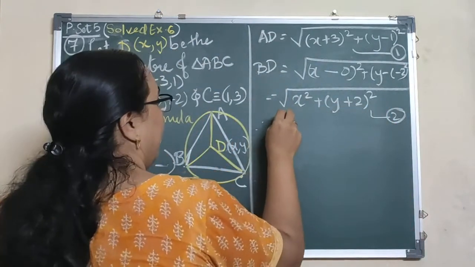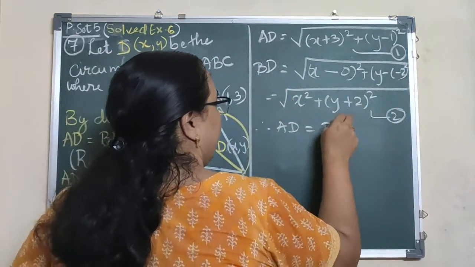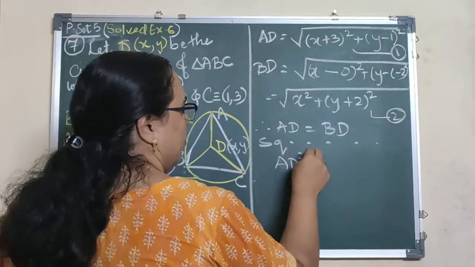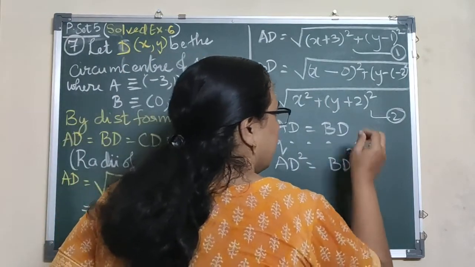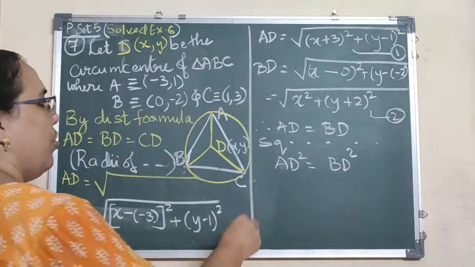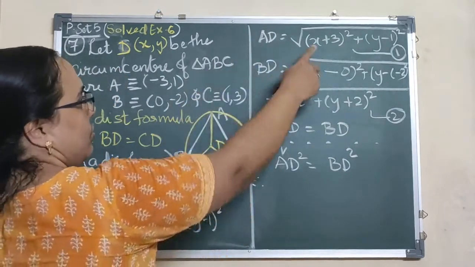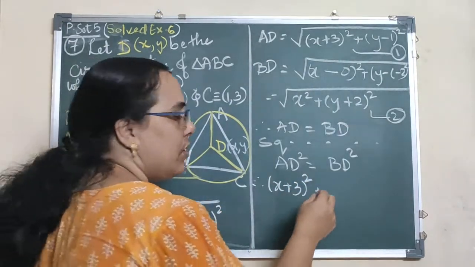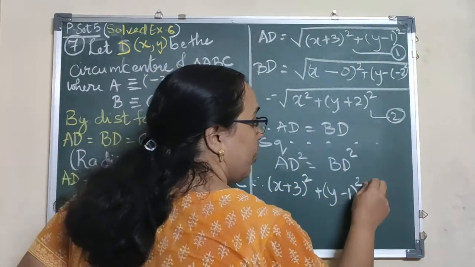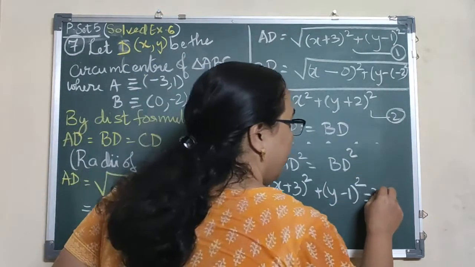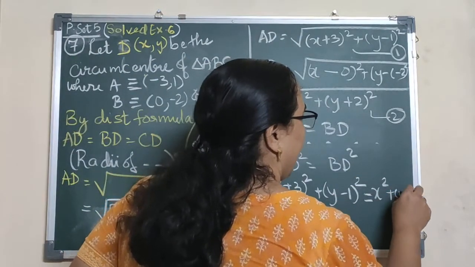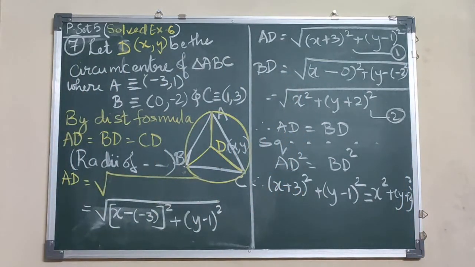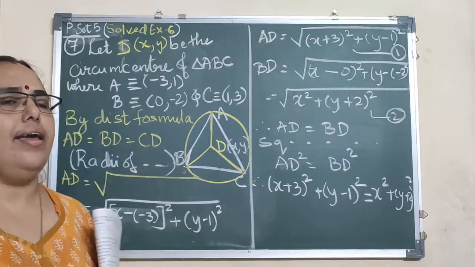Since we have said AD is equal to BD, squaring both sides, AD square is also equal to BD square. Therefore, what do we get? Let us write the equation: x plus 3 the whole square plus y minus 1 the whole square equal to x square plus y plus 2 the whole square. Now expansion is by using a plus b the whole square or a minus b the whole square.